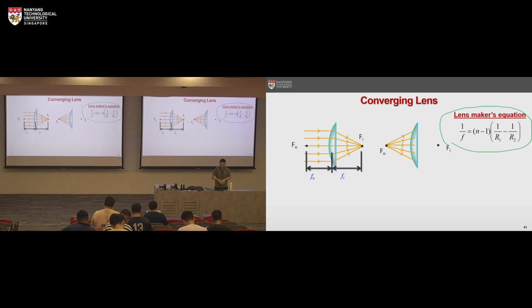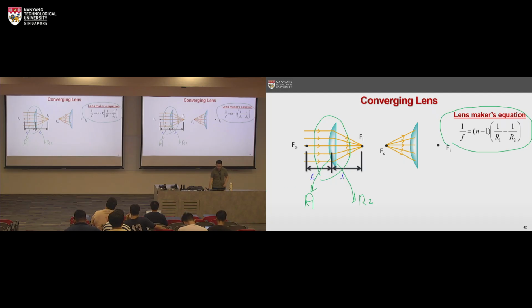As you can see here, this lens is a converging lens. It has two surfaces. This side is defined as R1, and this side is defined as R2. So on both sides it has two different radii of curvature, so this is an asymmetric lens.